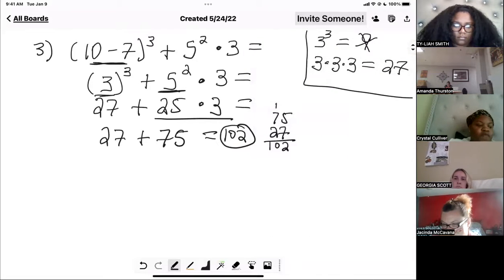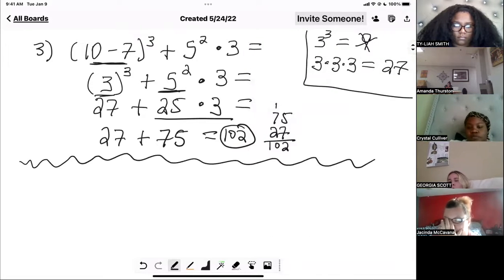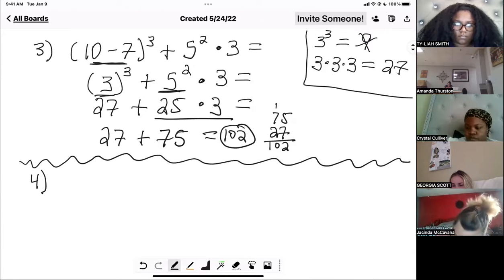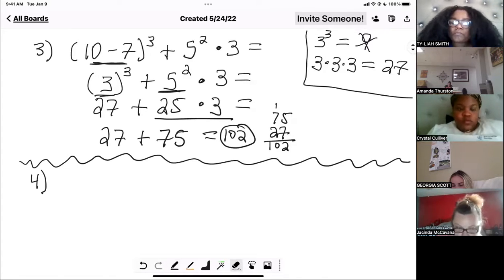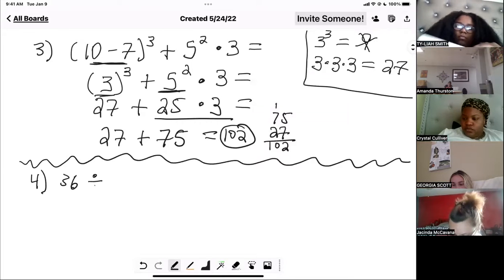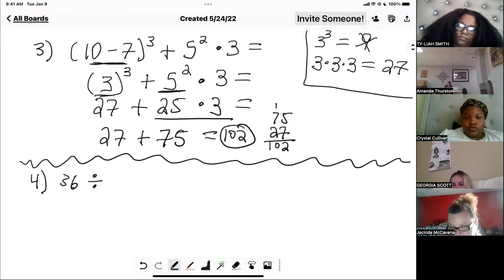Okay, so now we're going to get a little bit crazy. As you can tell, we're slowly moving up to longer problems, right? But if you stay with the order of operations, it just breaks down into pieces. That's it. Okay, so here we go: 36 divided by. Now, sometimes you have parentheses inside of parentheses, and they don't really write parentheses inside of parentheses, they use this thing called a bracket.